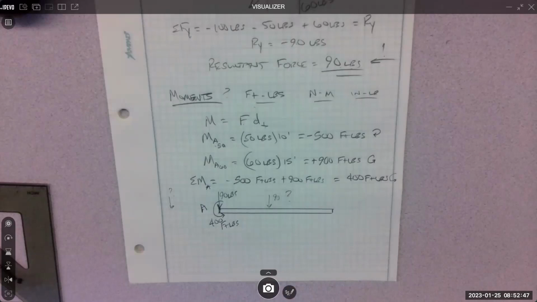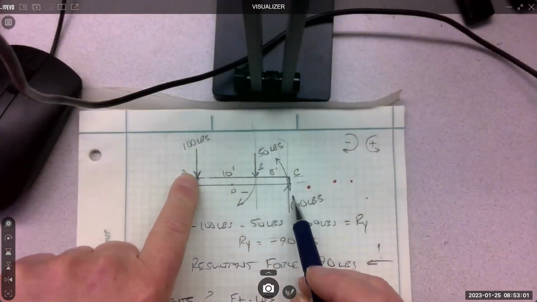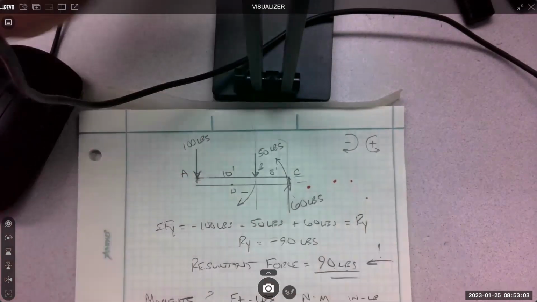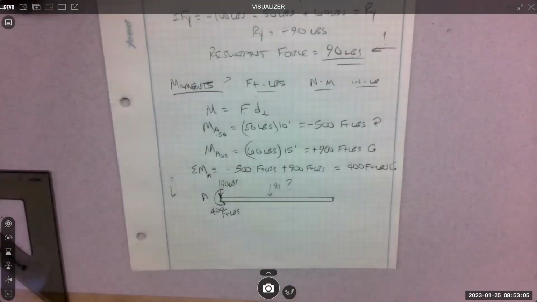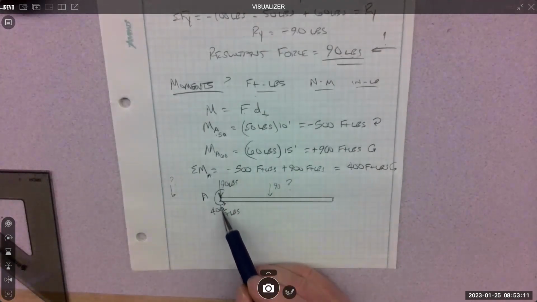That's kind of weird, but the resultant does not have to be on the object. The resultant is the resultant effect of the forces, right? These are the actual forces that are on the object. But we're trying to get rid of those and just understand, hey, what's the effect? And the effect is this, 90 down and a rotation of this of 400.